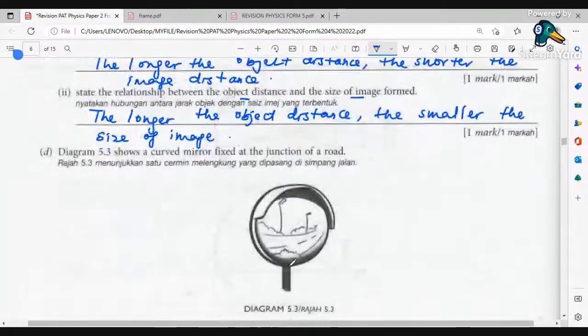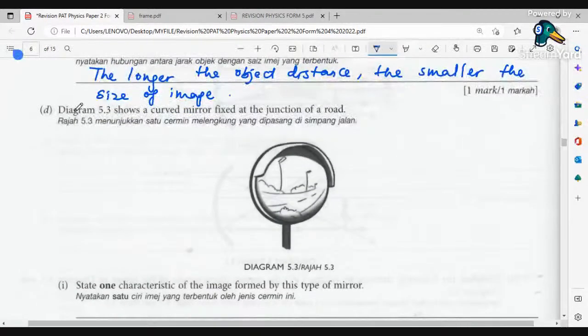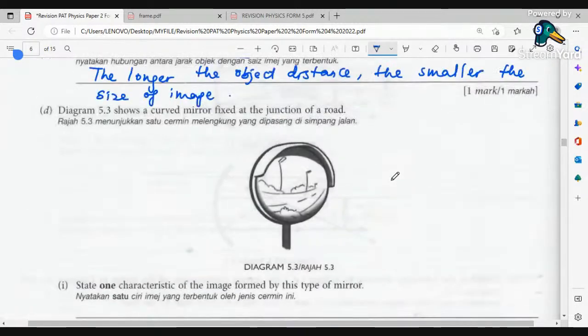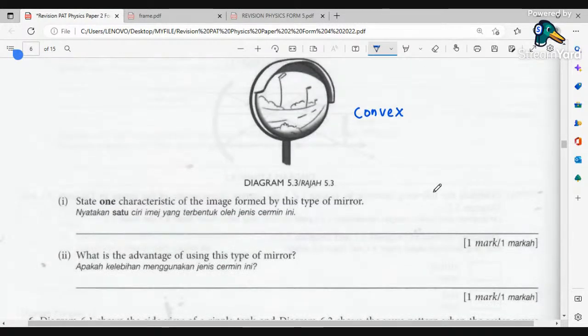Okay. Part D. 5.3 shows curved mirror fixed at junction of road. State one characteristic of image formed by this type of mirror. Ini adalah curved mirror. Okay, kita guna adalah convex. Widen the field of vision.